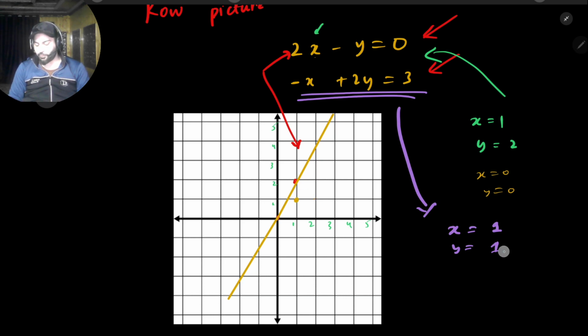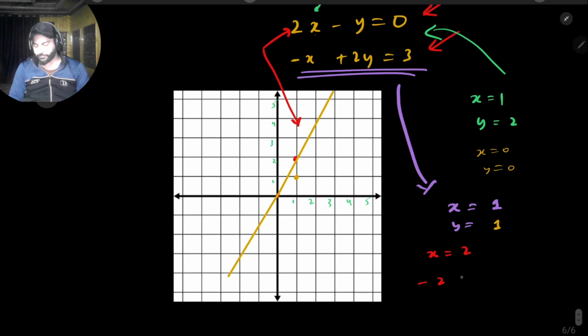Then if we want to put some other values, to cross check that I'm doing it correctly, let's suppose x is equal to 2. If I put 2, this is minus 2, then I have plus 2y is equal to 3, which gives 5 by 3. Basically I want an integer value, so let's not put 2.